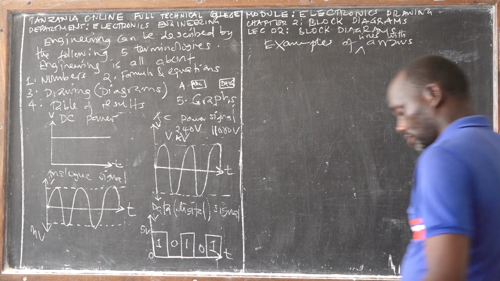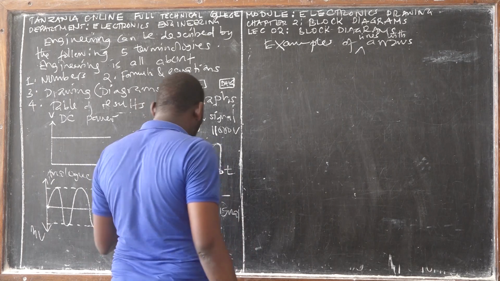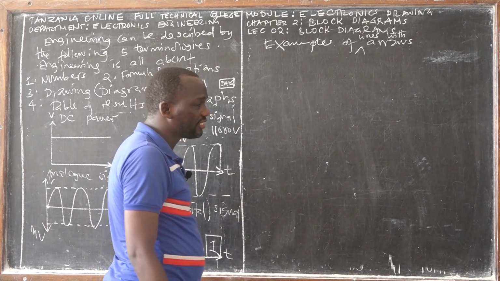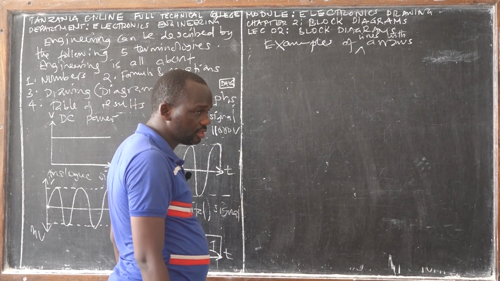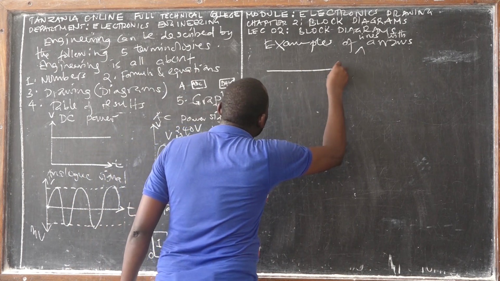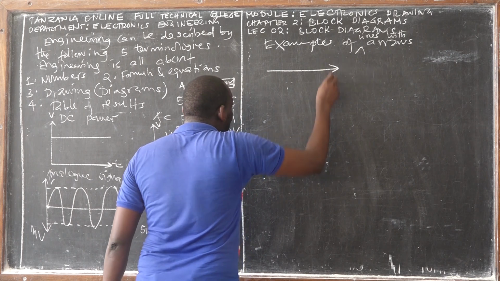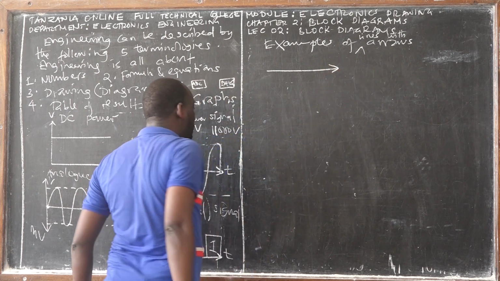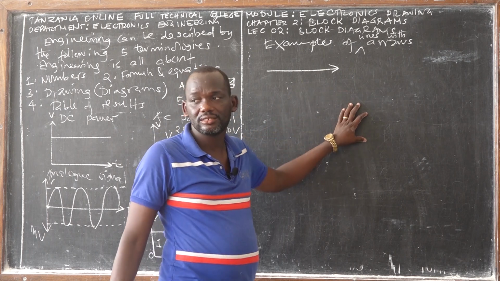These lines can have different sizes and different directions. Stop writing. In most cases, you'll find that the line with an arrow is drawn from left to right.